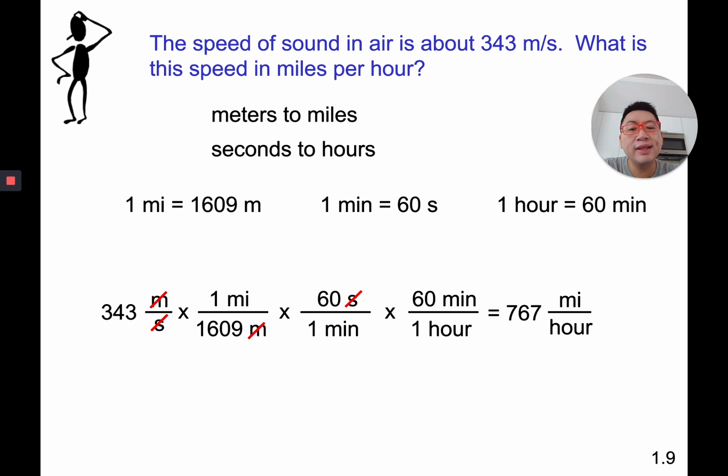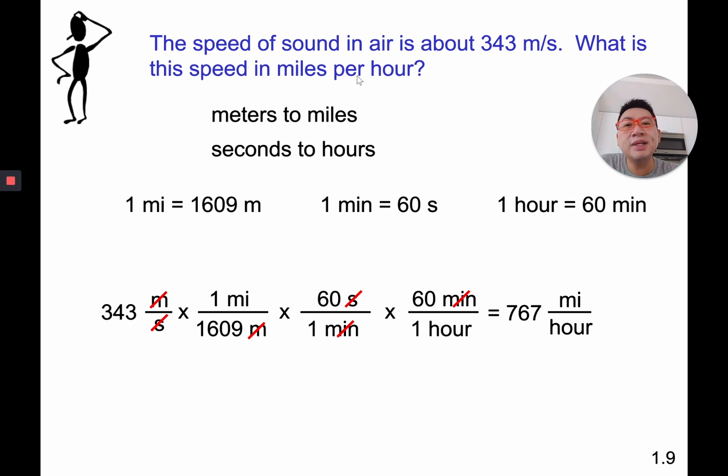And there's one more thing that cancels. Minutes here, minutes there, they cancel: minutes in the denominator, minutes in the numerator. What doesn't cancel? Miles over hour. Miles per hour.